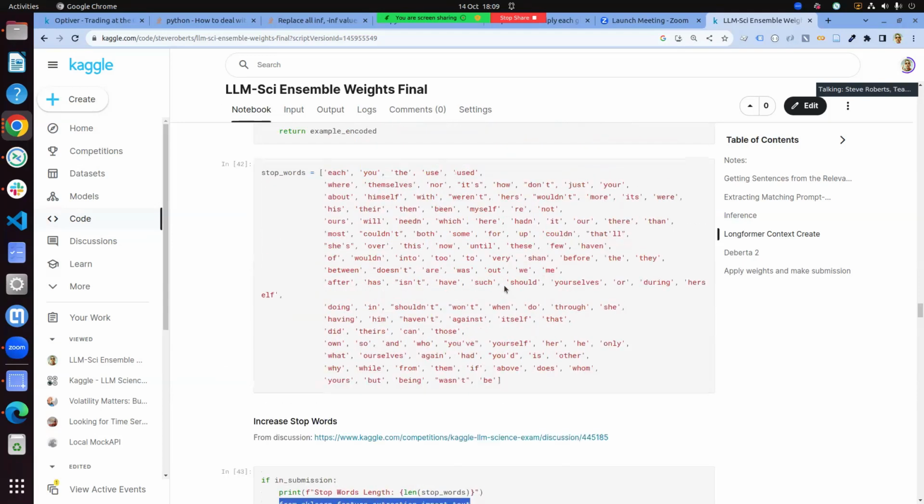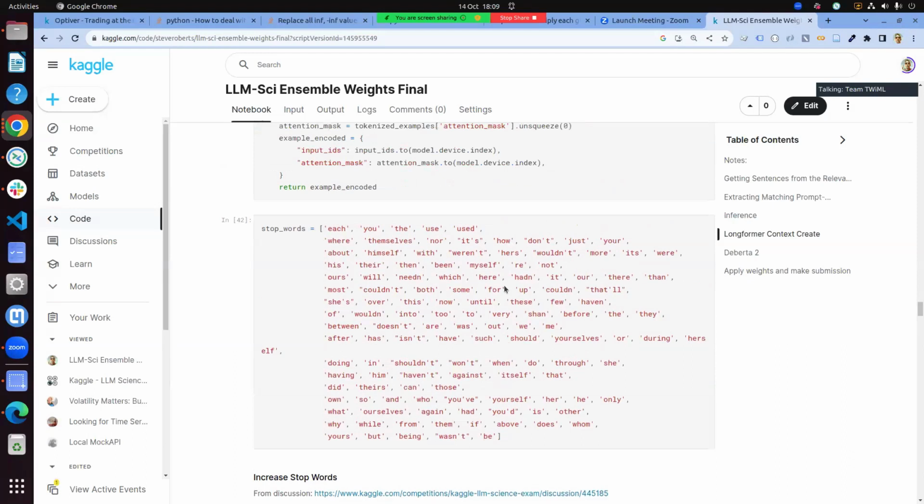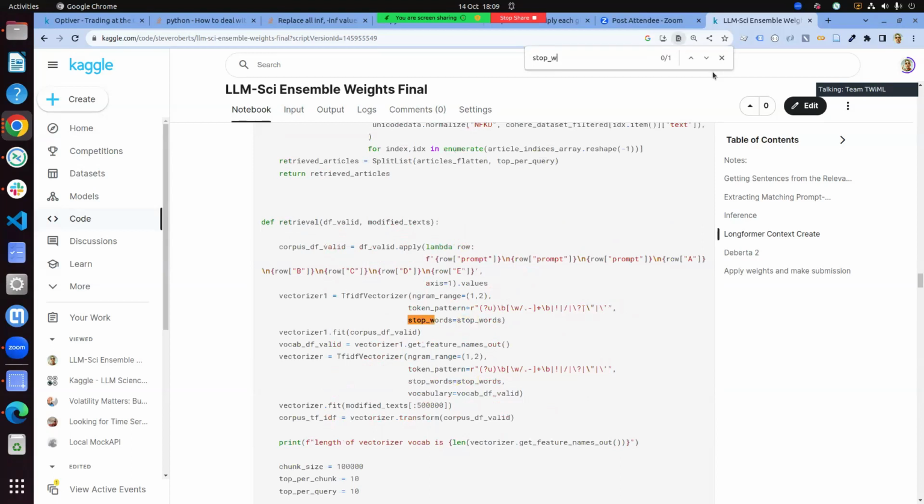Sorry, on the stop words, I had a question. These stop words are used to chop the context to get a better context, rather than whatever is produced by default by the 270K? Is that the idea of using these additional stop words?